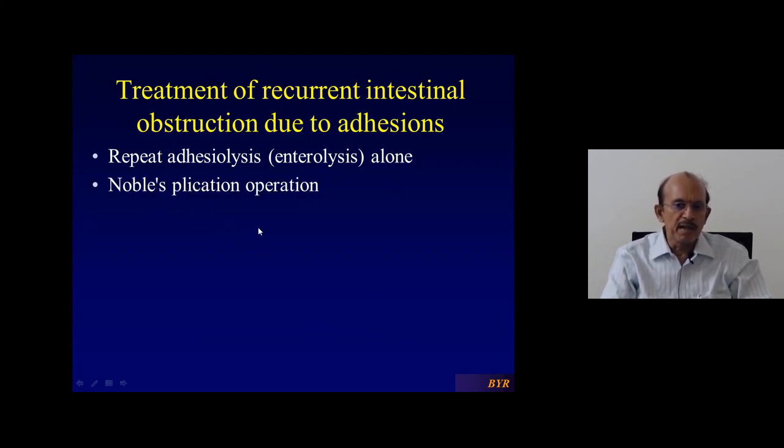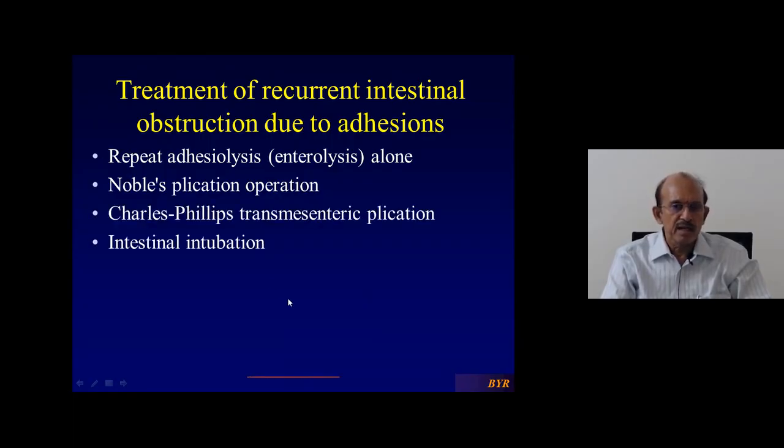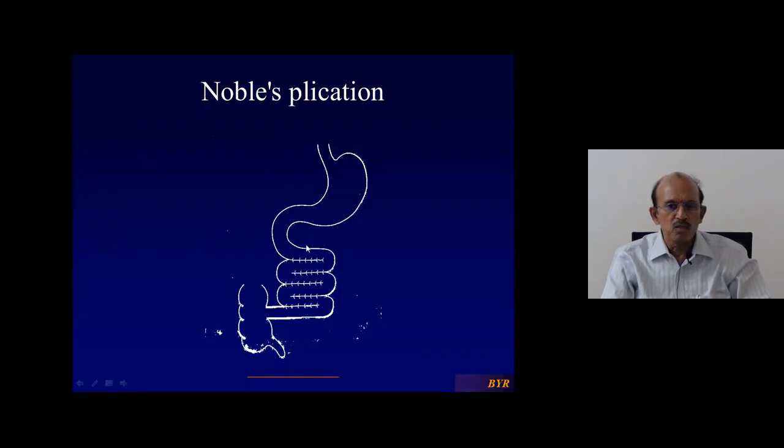You can do Noble's plication, Childs-Phillips transmesenteric plication, intestinal intubation. These three things were the old operations that are not being performed now. This is Noble's plication, where you keep the bowels like this, like a step ladder, and suture them, so that even if they get adhered, there will not be obstruction.